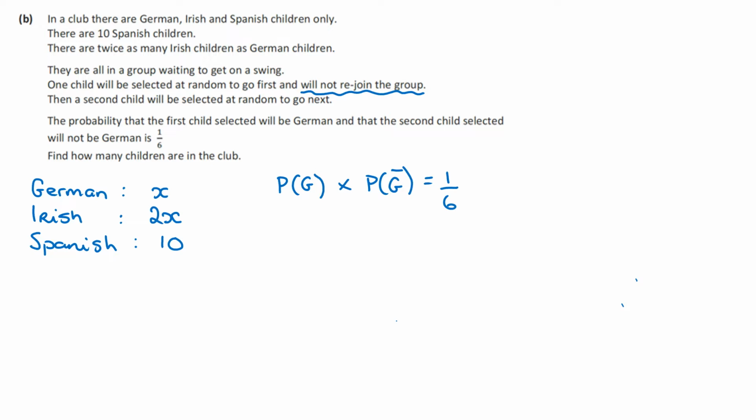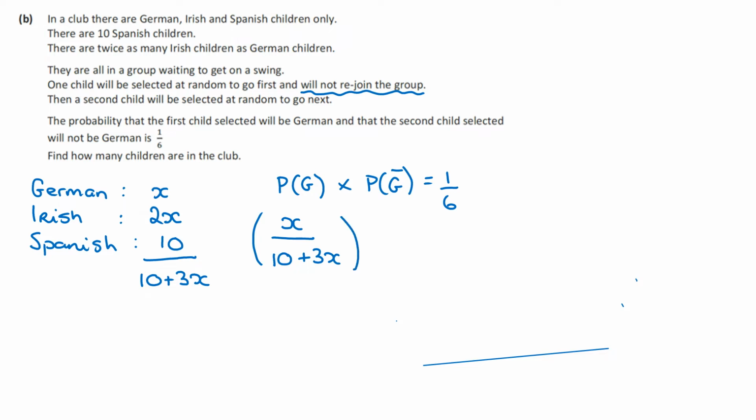How many kids are in the club? So what's the probability that the first one is German? Well, we're going to have x over, let's work out the total number here. That's 10 plus 3x, so there's 10 plus 3x kids in total. So the probability of choosing a German child from this group is x over 10 plus 3x, multiplied by, now remember we are one less, so there is one child that has already been chosen and is no longer in the group.